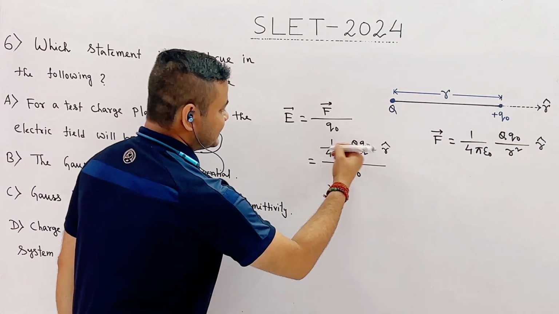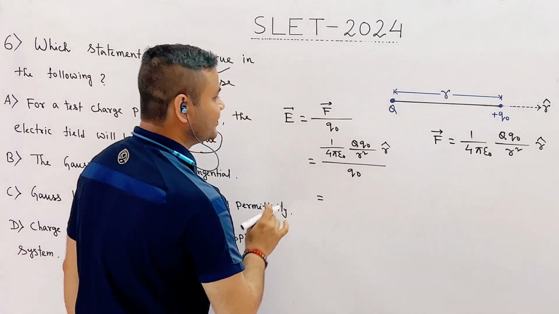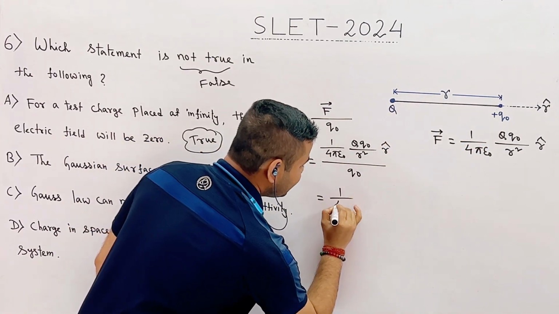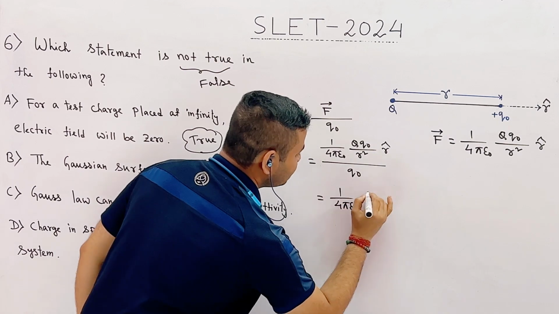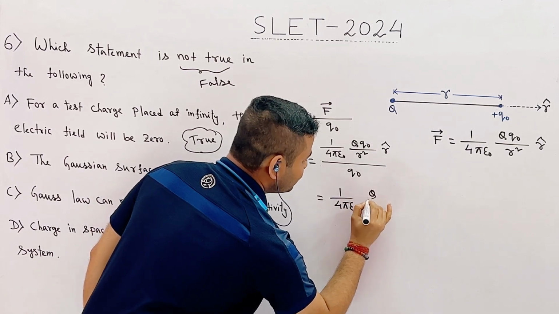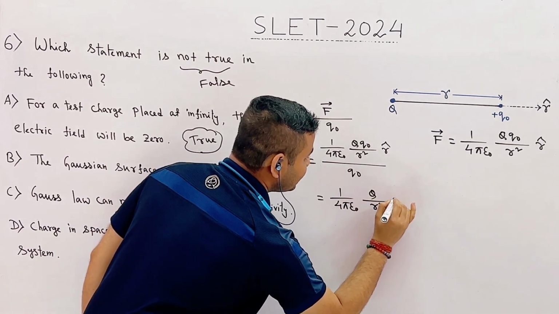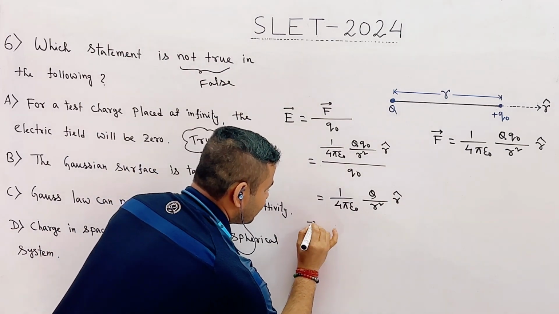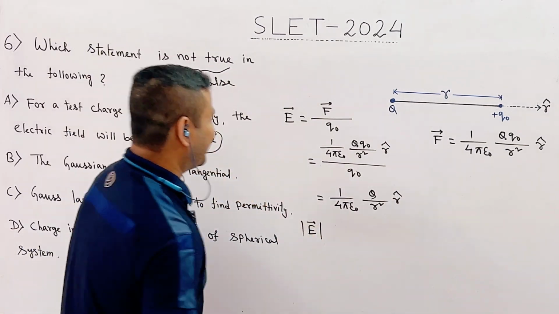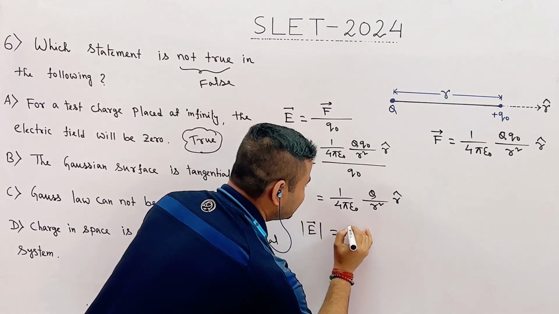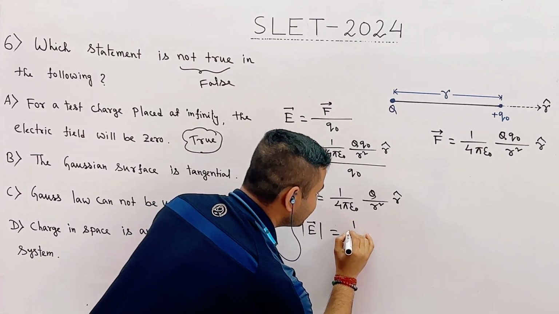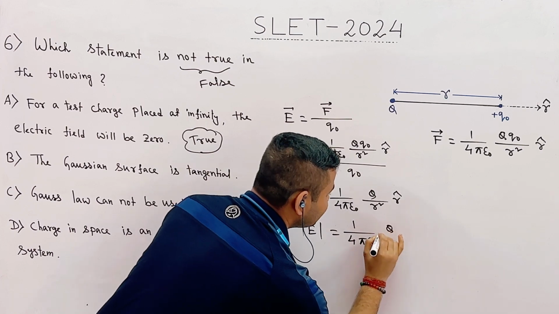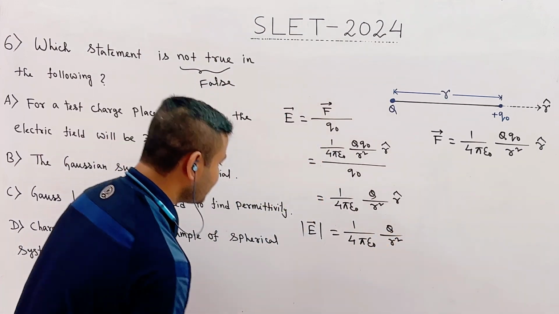So after simplifying, we will get electric field at the test charge q naught as 1 by 4 pi epsilon naught into q divided by r square into r cap. Now let us write down the magnitude of the electric field. The magnitude of the electric field at q naught will be 1 by 4 pi epsilon naught q divided by r square.